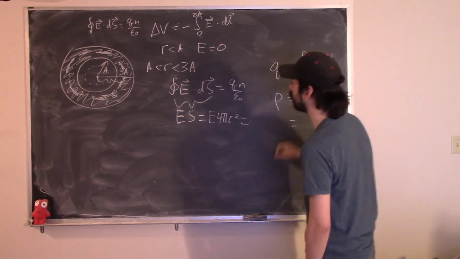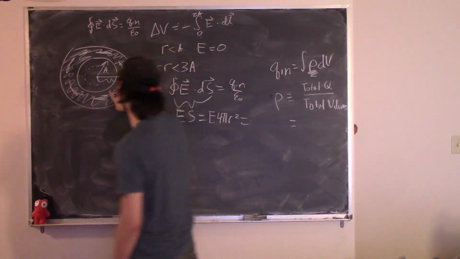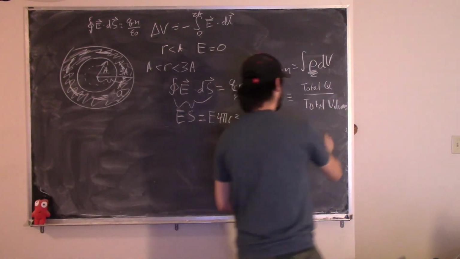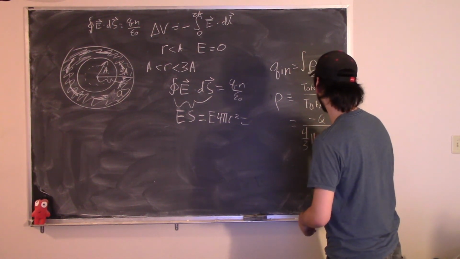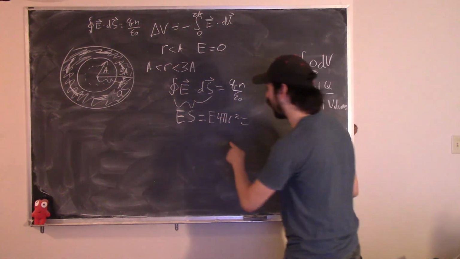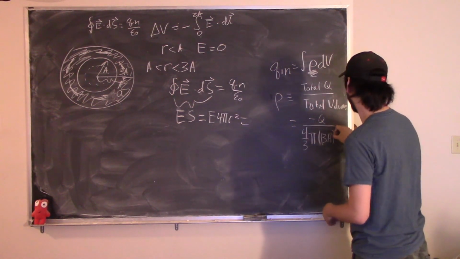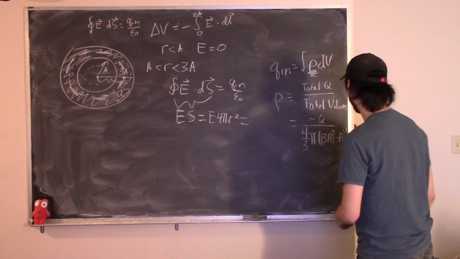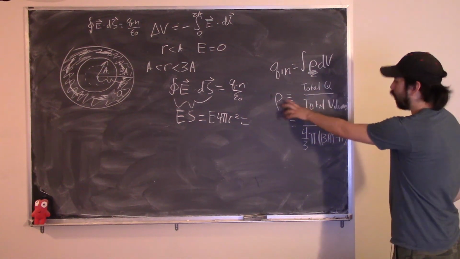I have this charge, which is a minus Q. So that's the total charge, divided by the total volume, which is 4/3 pi times the quantity 3A cubed minus A cubed. And so we have what rho is now.